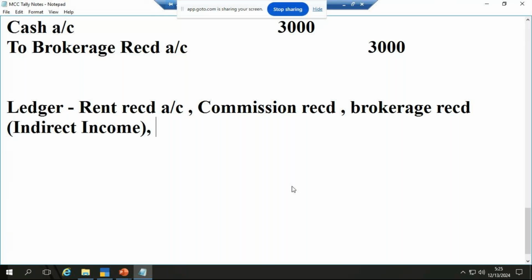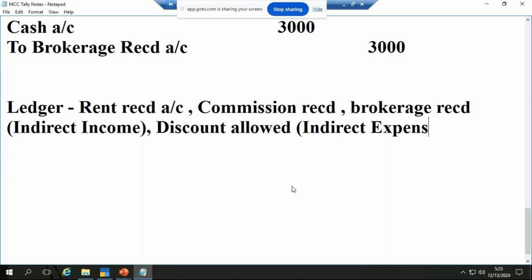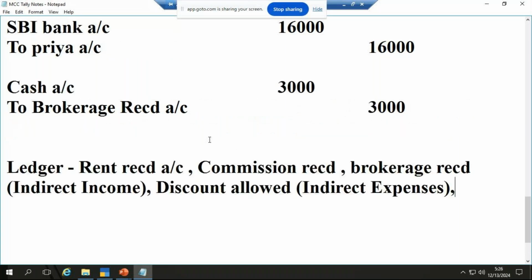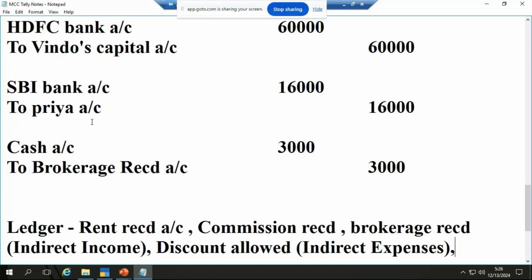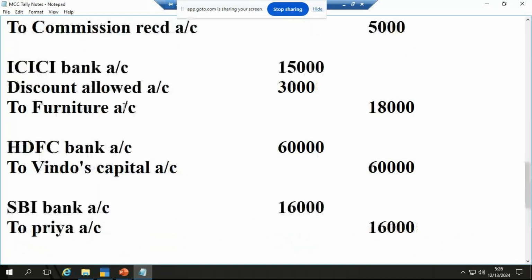Next, discount allowed, under indirect expenses. Then you have Priya, and Vinod's capital account.